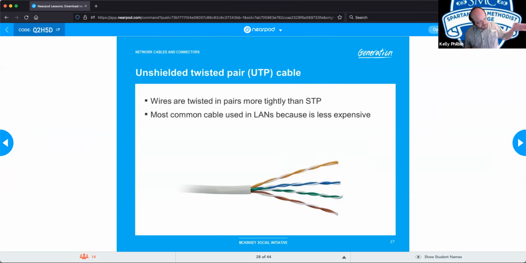Now, when you twist the wires together like this, they're always at a 90-degree angle from each other, so it prevents that crosstalk from happening. The more twists per inch you can get, the more secure the cable is from crosstalk. Yeah, nice, Alan. So that is why they twist the wire pairs together.